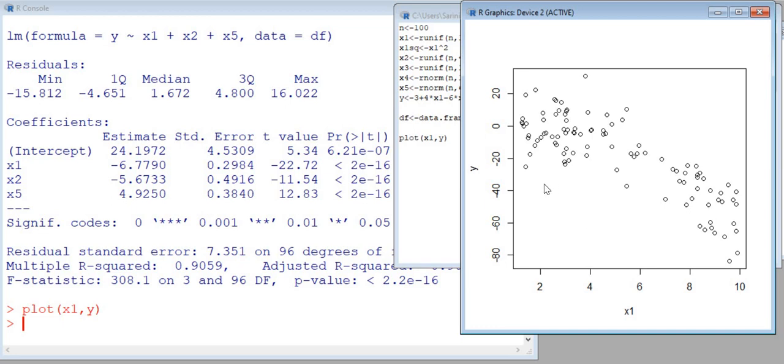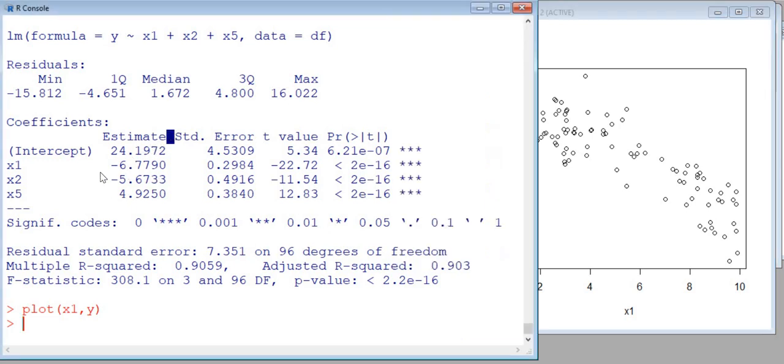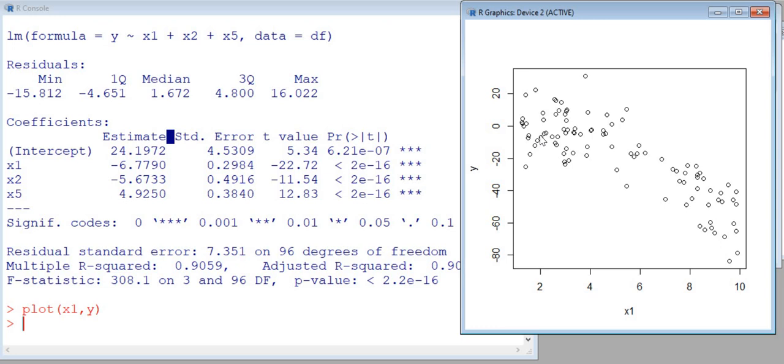Okay, but if we look at the plot of, for example, x1 and y here, it's like this. So actually we can see that it kind of makes sense that if you just put this model, you get a negative coefficient, because we can see it's like this, right? As x1 increases, y is decreasing. But at some points here, at smaller values of x1, actually there's a trend that as x1 increases, y is increasing as well.